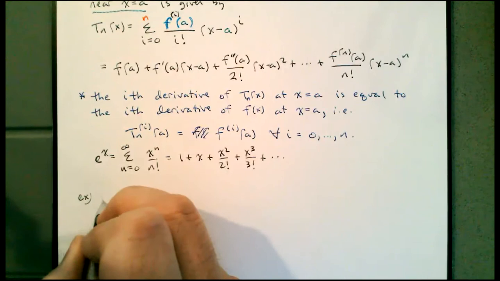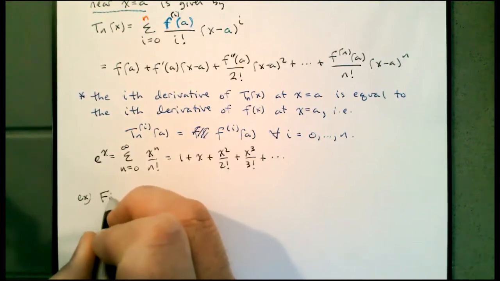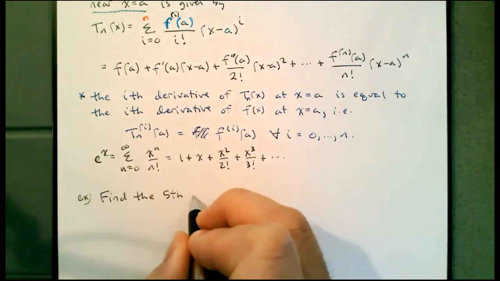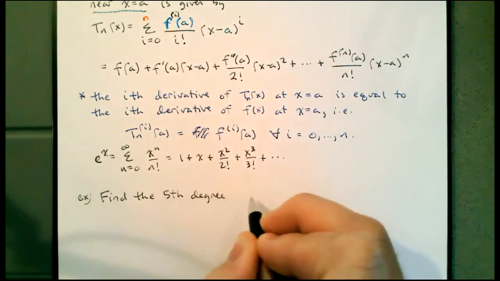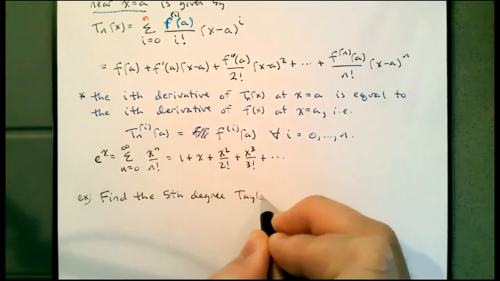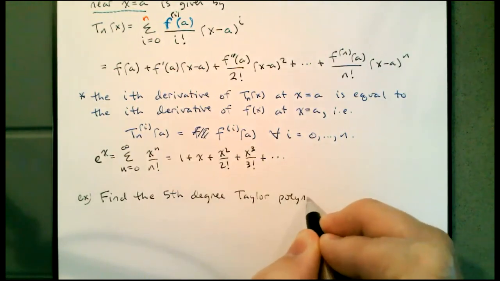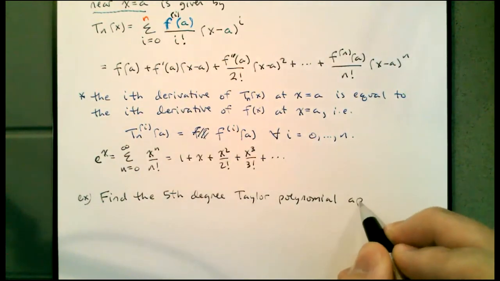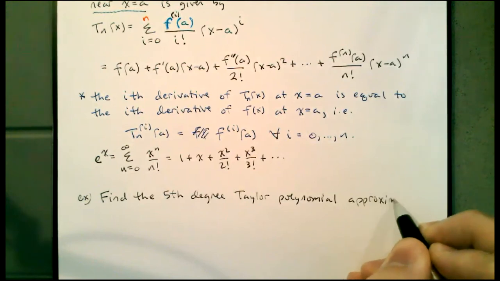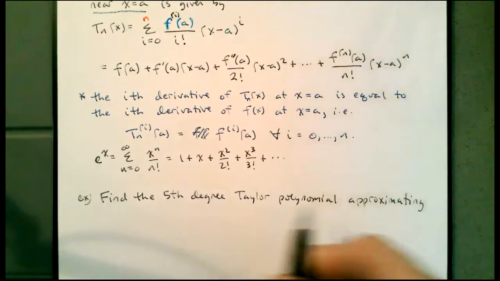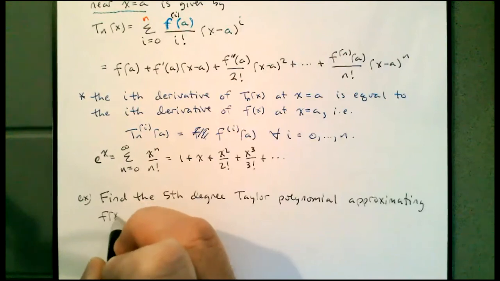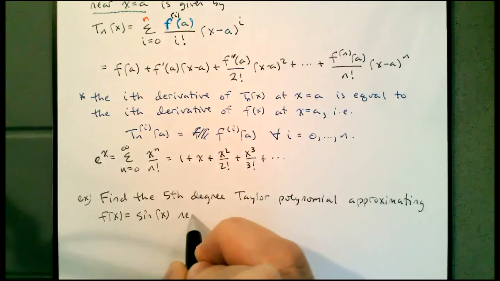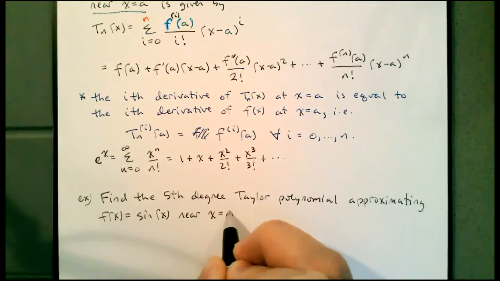Let's find the 5th degree Taylor polynomial approximating, let's say, f of x equals sine x near x equals 0.